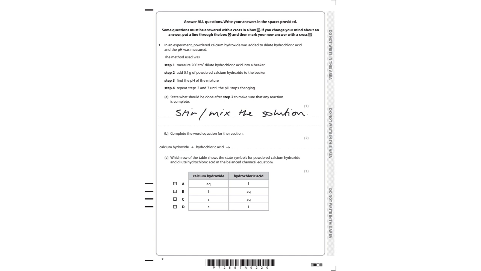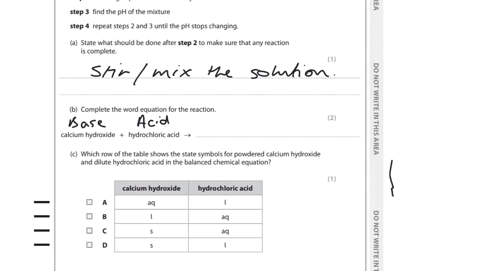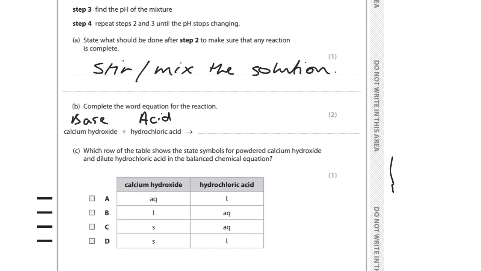Part B says, complete a word equation for the reaction. Calcium hydroxide plus hydrochloric acid. Well, hydrochloric acid is an acid. Calcium hydroxide is a base. And an acid plus a base gives salt plus water. Now, you can remember that by BASHO, B-A-S-H-O, base plus acid gives salt plus water.